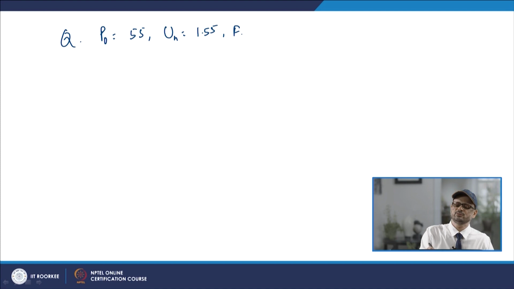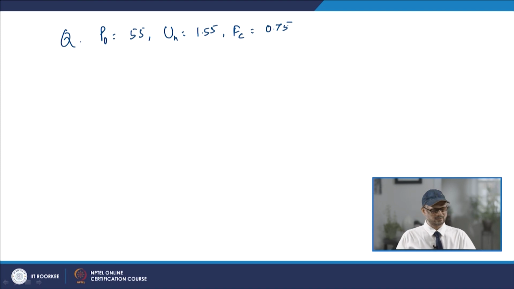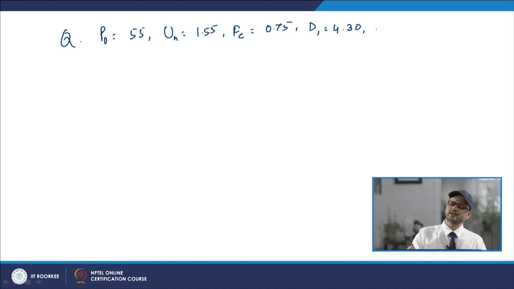So, FC we can write as 0.75. Now, in this case the dividend which you are getting is written as D1 as 4.30, and the growth rate is also given as, suppose, 0.08.